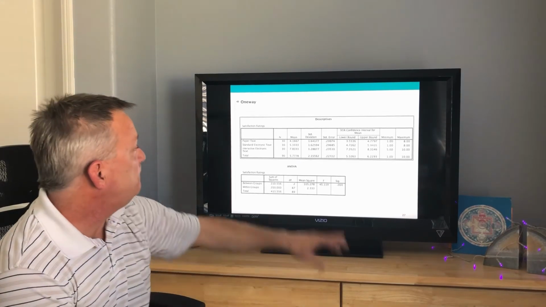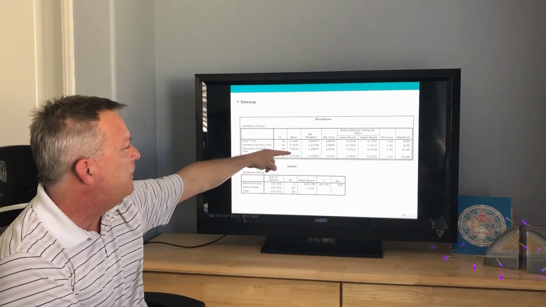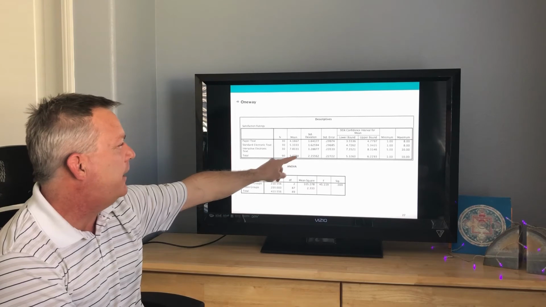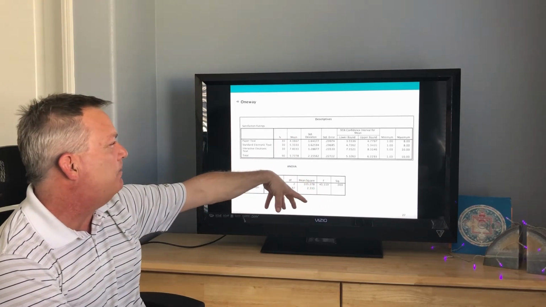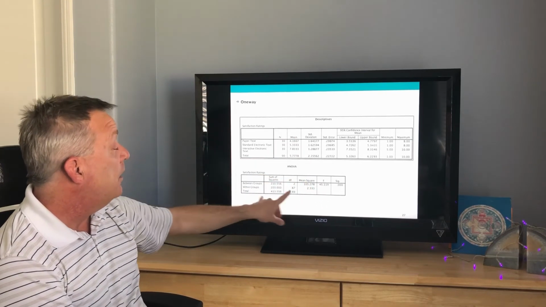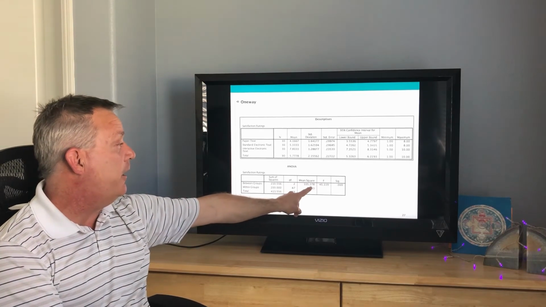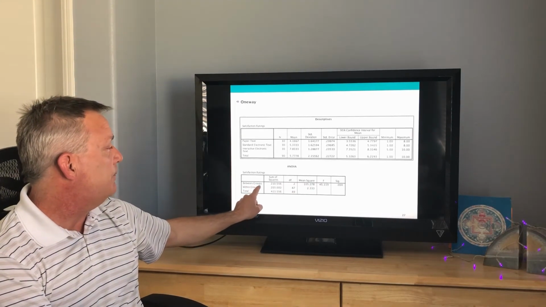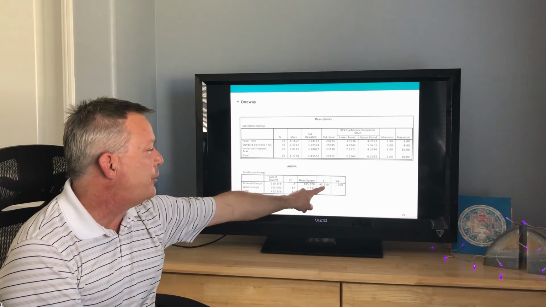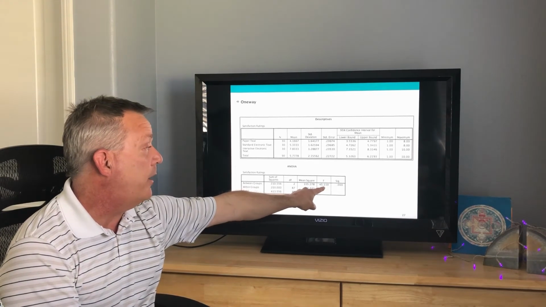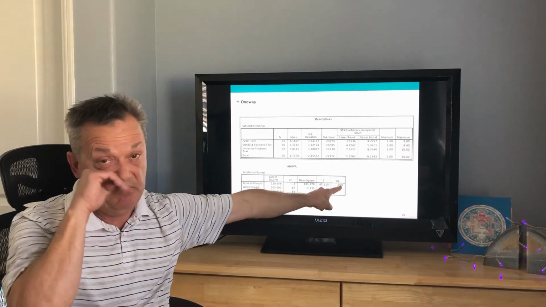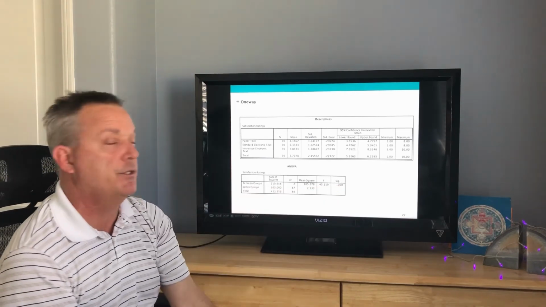And it's pretty cool. So you can see the means differences and the total grand mean right there. Gives you your standard deviation, standard error. But the main thing that you're looking for here is this between groups right here. And notice your F score, 45.11, and your significance, which is 0.000.